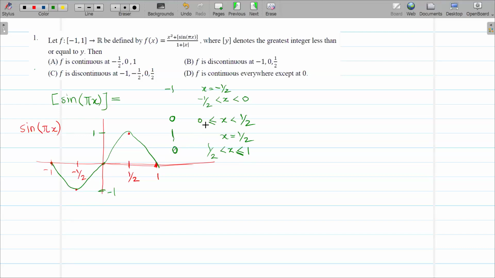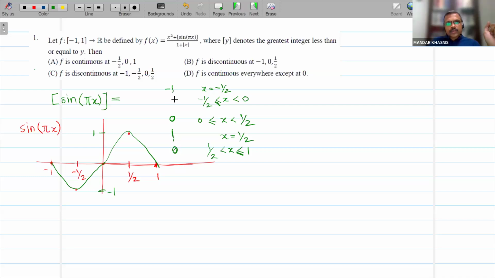So I don't have to treat minus half separately. This is minus 1 throughout. Now what about minus 1 to minus half?